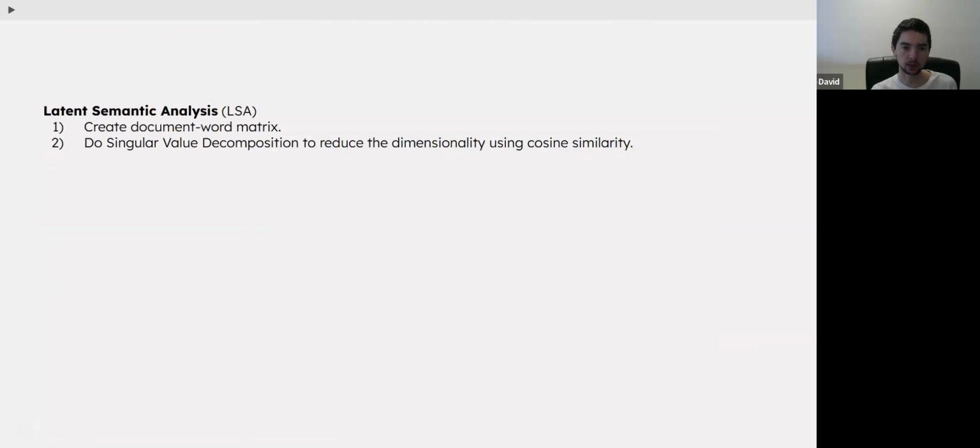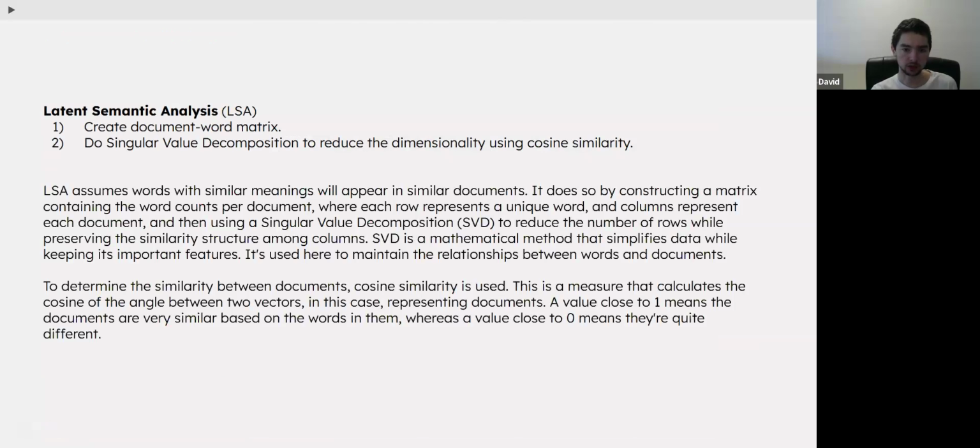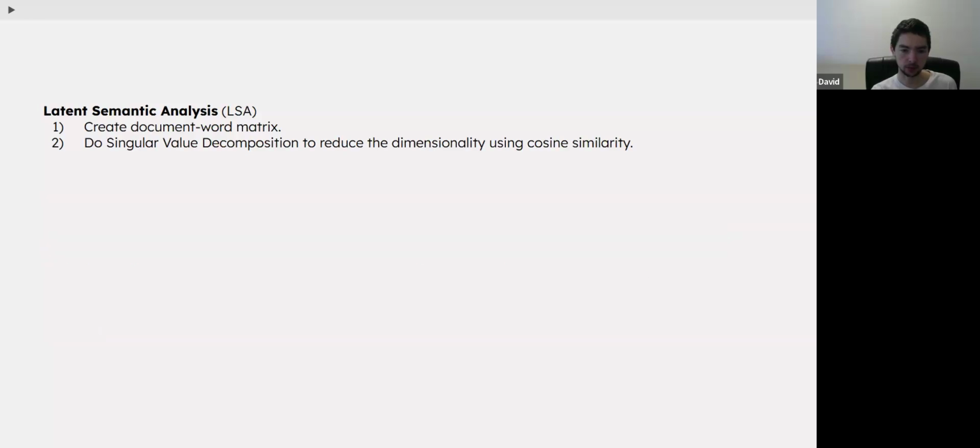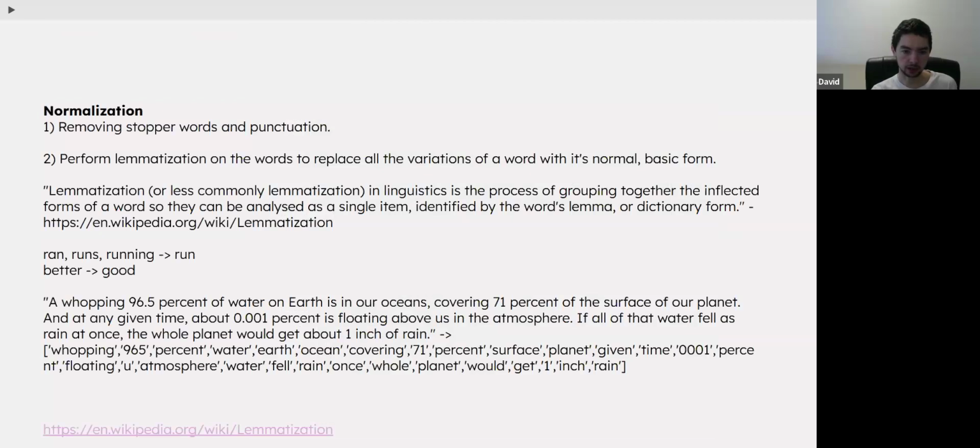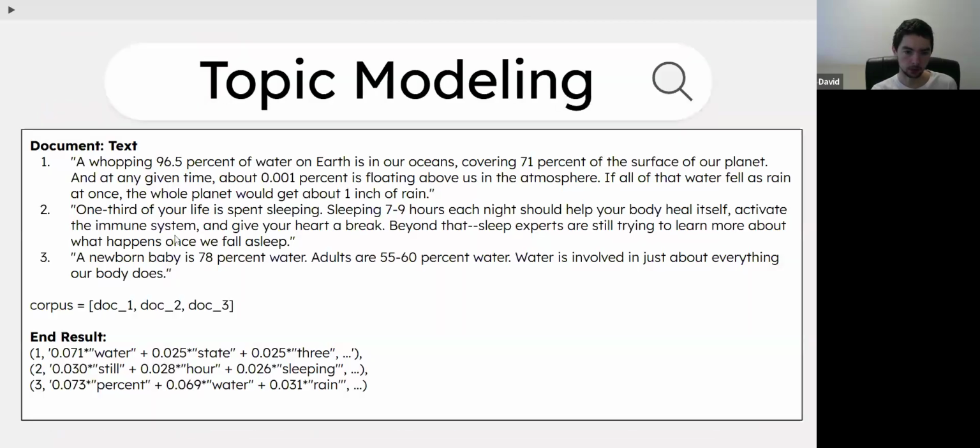In latent semantic analysis, we're using singular value decomposition, and we're using cosine similarity. We're assuming that words with similar meanings will appear in similar documents. In the end results, a higher number means that the word is more associated with the document.